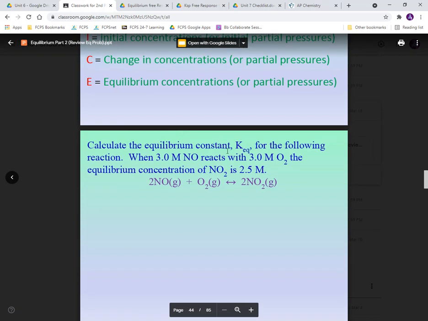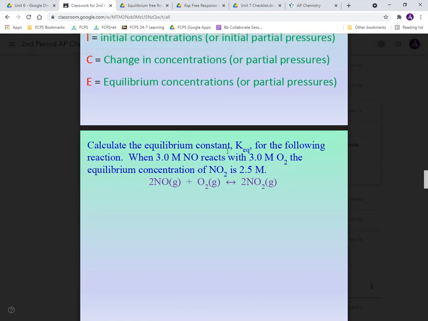So the first type of RICE table one you can get here is one like this where it gives you: calculate the equilibrium constant when 3 molar reacts with this, and then it tells you what one of the equilibrium concentrations is.